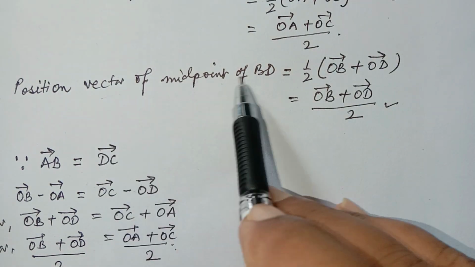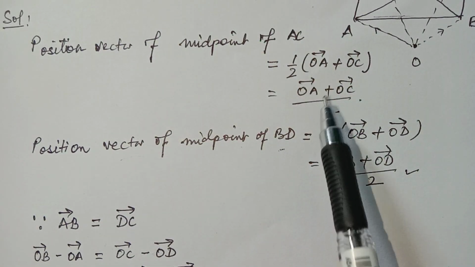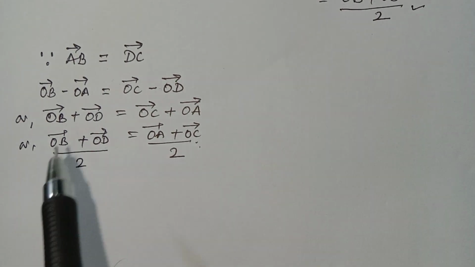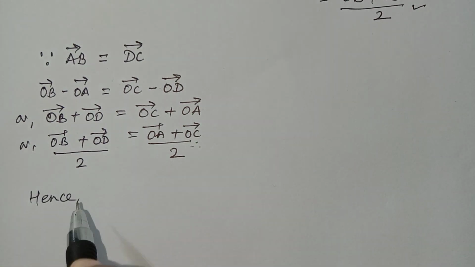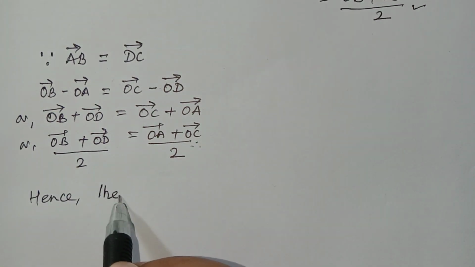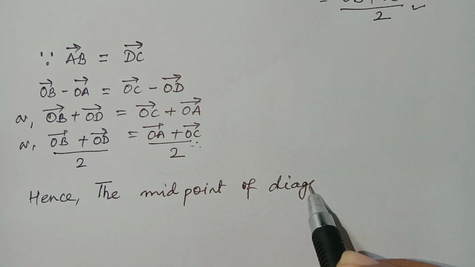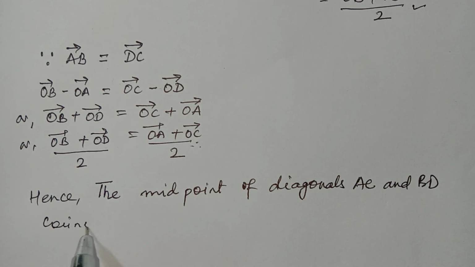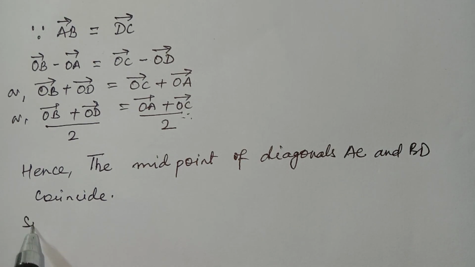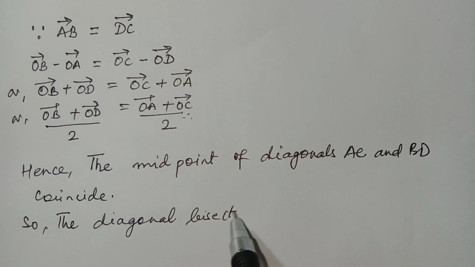These are the position vectors of the midpoint of diagonal BD as well as the midpoint of diagonal AC. So the midpoints of both diagonals AC and BD are equal. Hence the midpoints of diagonals AC and BD coincide. Then only it happens, which means the diagonals bisect each other.